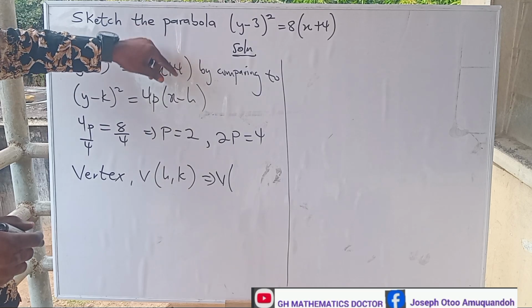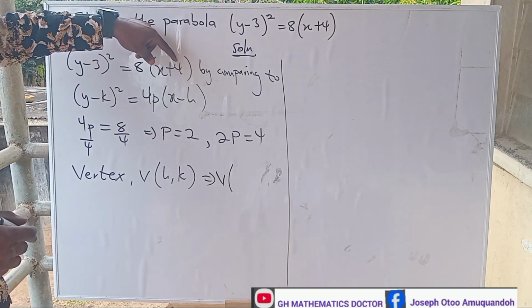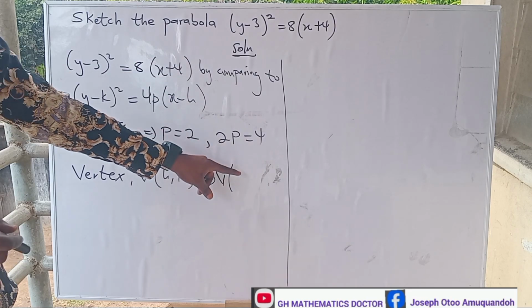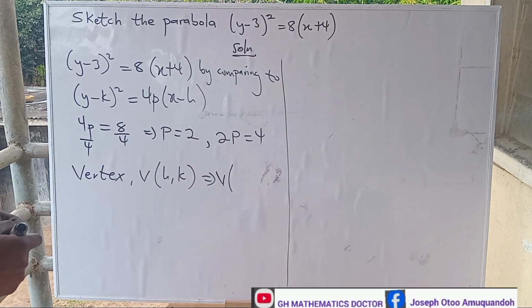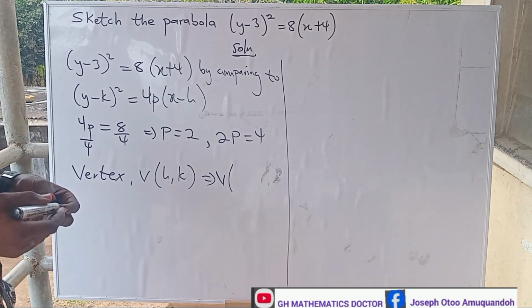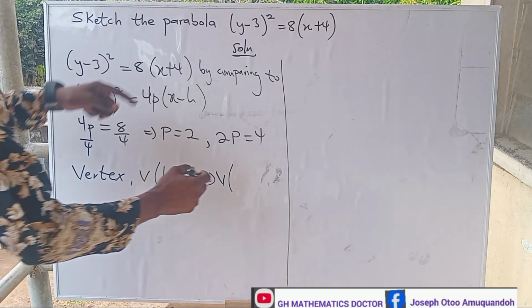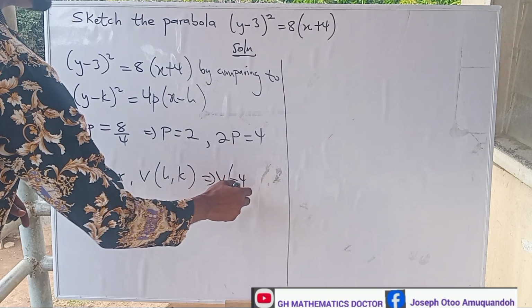When you compare this, we have the positive 4 for h, but when you are coming to write it in the vectors or the coordinate form, we are going to interchange the operation sign. So as you have the positive 4, it's going to have the negative 4.